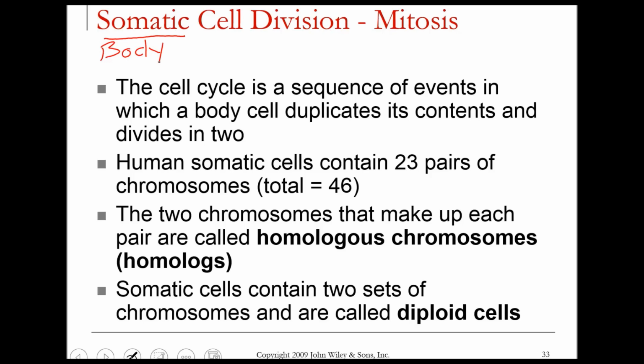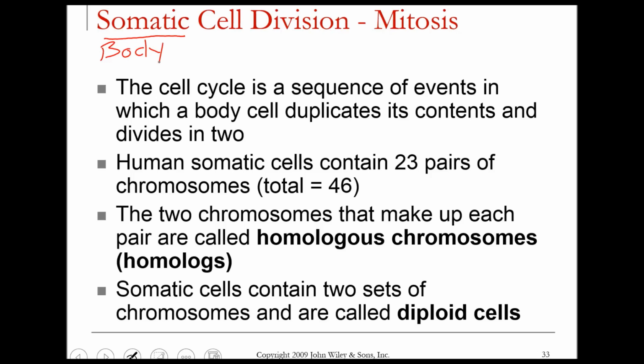The two chromosomes that make up each member of a pair, so remember they're paired up, are called homologous chromosomes. Homologous chromosomes contain similar genetic information, but it doesn't have to be identical. For example, my father has brown eyes and my mother has blue eyes. So I may have gotten one bit of genetic information from my mom that says blue eyes, and that's contained on one chromosome.